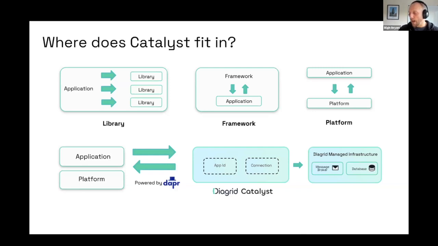Catalyst will also abstract the backend infrastructure your application is consuming, but it's not only abstracting the infrastructure, it gives you additional capabilities that you can consume through its APIs. So a way to think of Catalyst would be as a cloud middleware that helps you connect and glue together various services, which we'll see in the demo later.